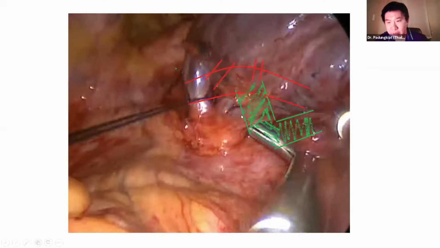What's behind the lingular pulmonary vein from this view is the left upper lobe bronchus. And what's behind the apical vein? It's a PA, it's a truncus anterior, okay? So that's why I almost always, when I dissect around this, I put a silk here.